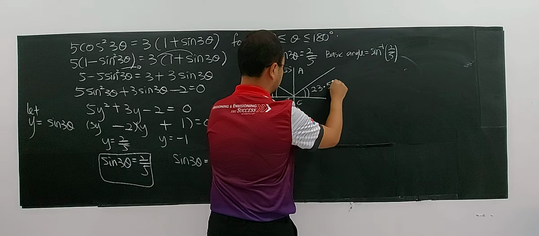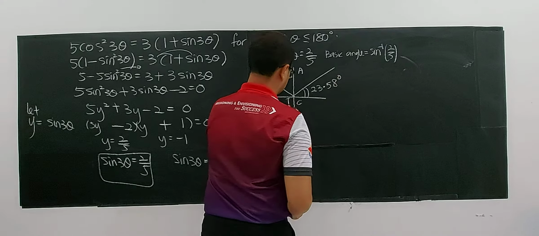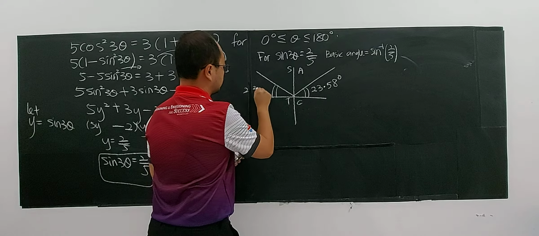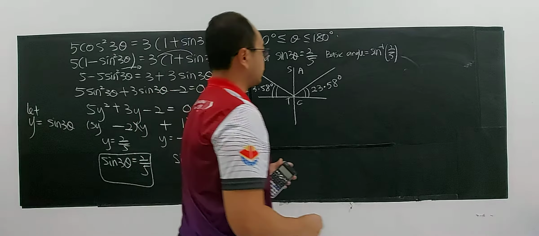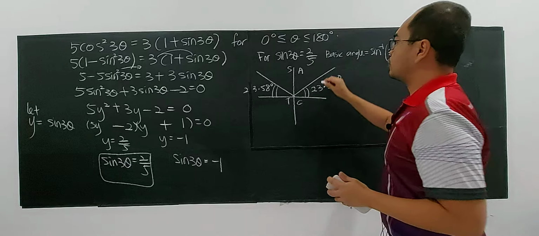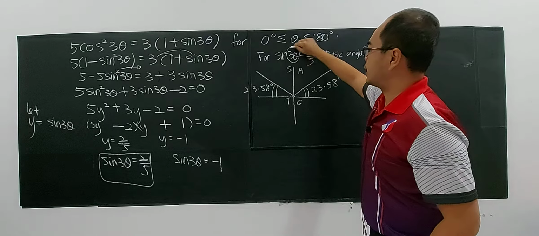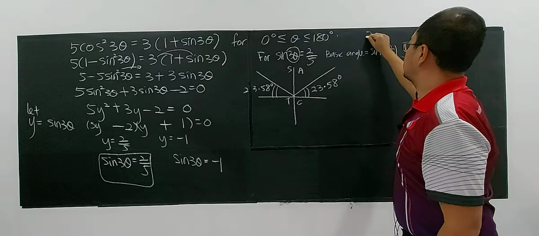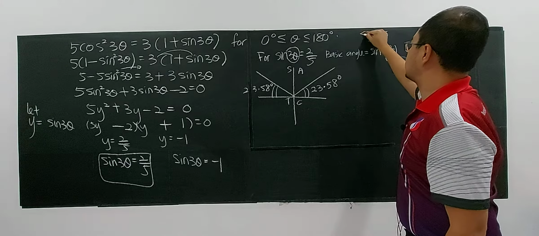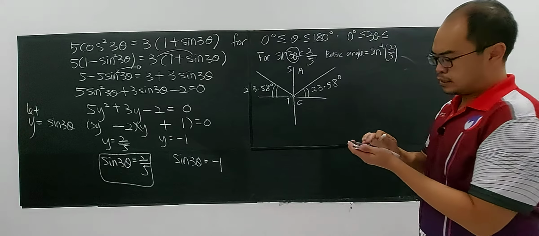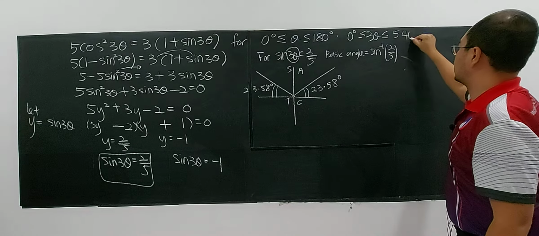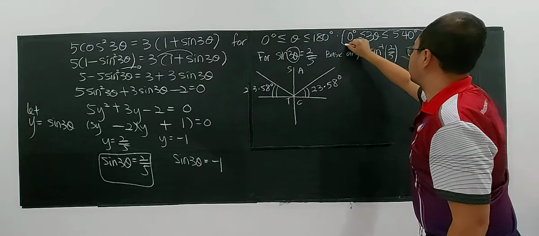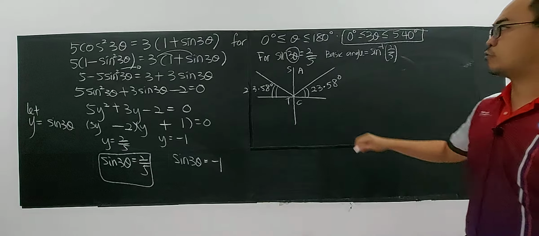Before listing out, you have to modify the range. Since it is sine 3 theta, 3 theta can accept a minimum of 0 and a maximum of 3 multiplied by 180, which is 540.